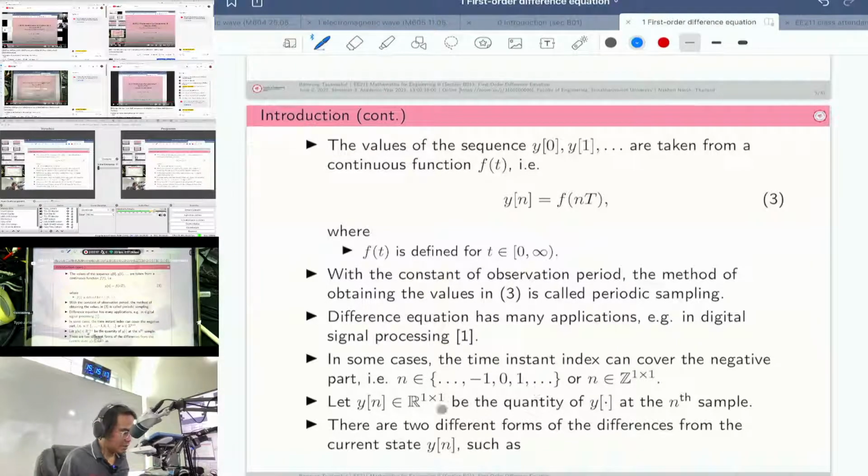The next one is that y with square bracket n is the quantity of y at the n sample. Let us use this notation to represent y at the n sample. We don't use the curved parenthesis. We use the small square parenthesis because it's something about difference equations.